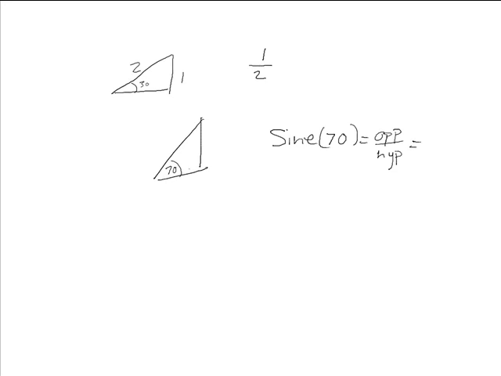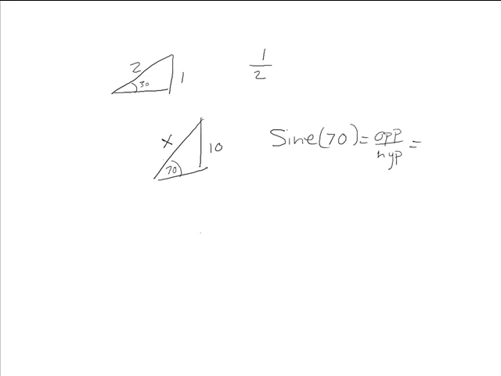So let's say that we knew that this side over here was equal to 10. Okay, so that's the opposite side. And let's say I wanted to know how long the hypotenuse was.